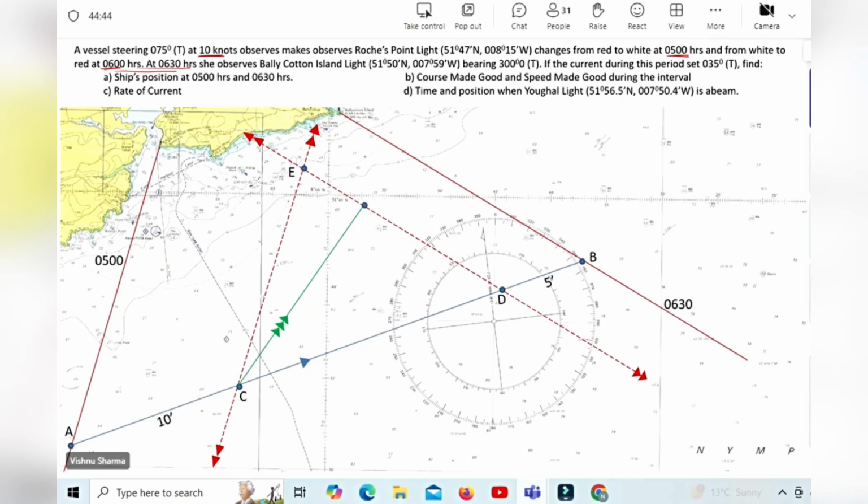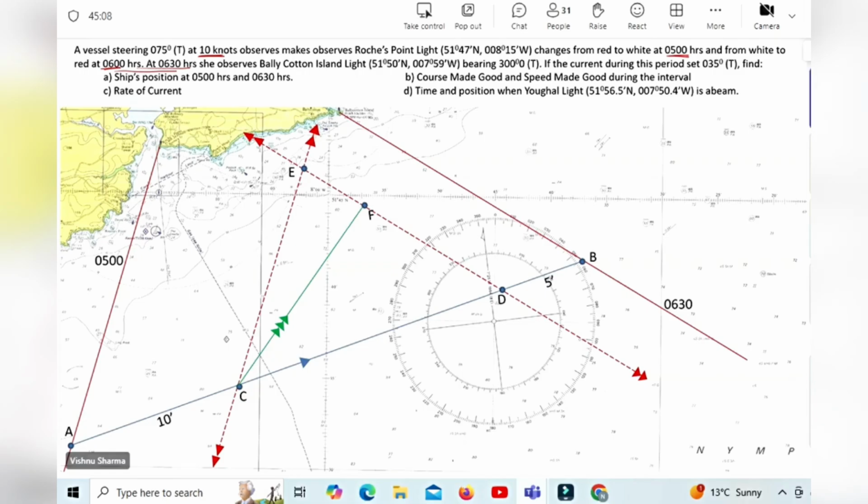We have drawn the current through C and up to what? Up to the third transferred PL. And where it cuts the third transferred PL, we'll call that point as F. So please see, have you understood how F has come? Through C, we draw the CTS till it cuts the third transferred PL.